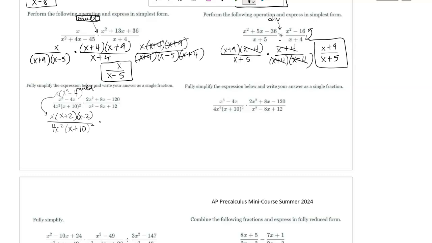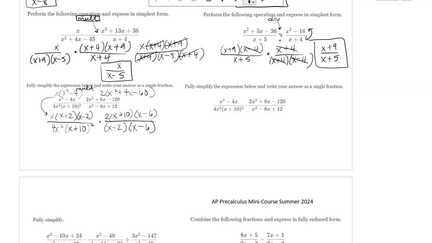If I look at the next rational, I can see that I could take a 2 out of all of the terms in that numerator, and then the remaining trinomial is factorable. So I'm going to factor with an x plus 10 and an x minus 6. That's going to multiply together to get me that trinomial. And then on bottom, I see a pretty easily mental math level factoring problem that looks like this.